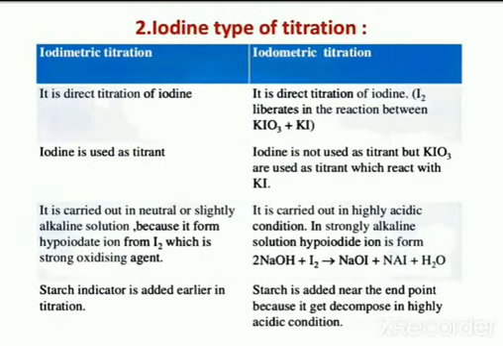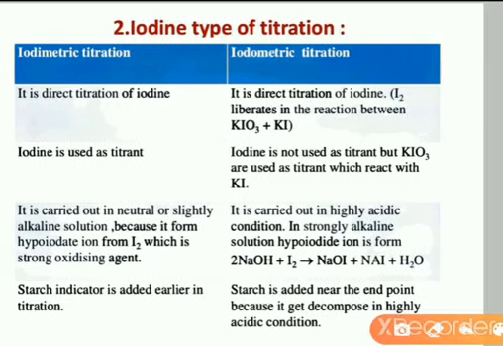There are some differences between iodimetric and iodometric titrations. Iodimetric titration is a direct titration of iodine, but iodometric titration is an indirect titration of iodine.